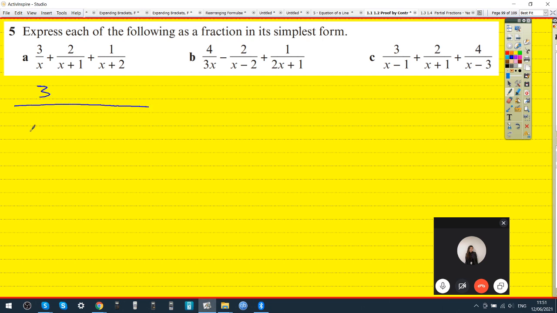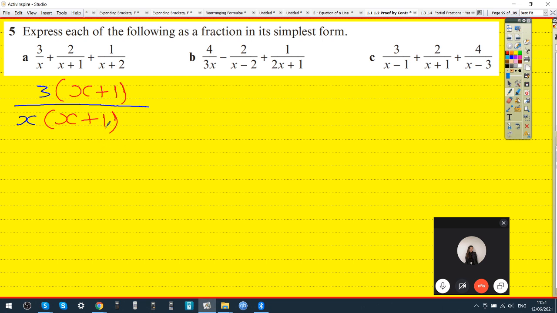If you do the first two, it's easy if we just forget about the one on the right. So we can just make it x multiplied by x plus 1 and 3 multiplied by x plus 1. And on the right would be x multiplied by x plus 1 and x multiplied by 2.